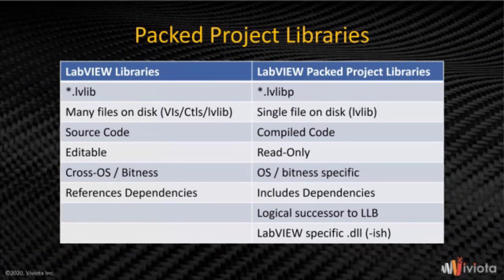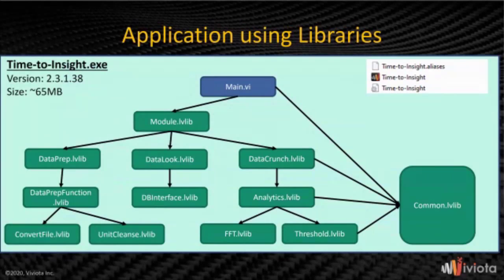So why do we want to use packed project libraries? Why do we even care about this? If we look at an application, and this is a kind of simplified diagram of some of the components of what exists in our main TTI application, we have lots and lots of libraries.